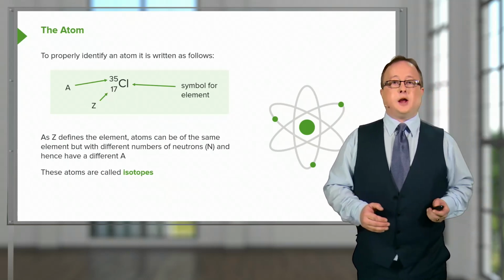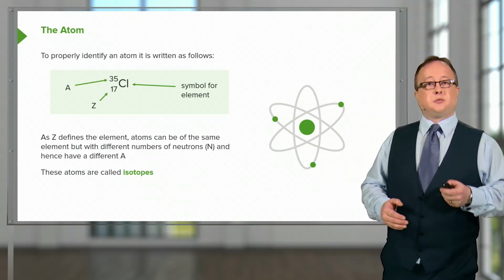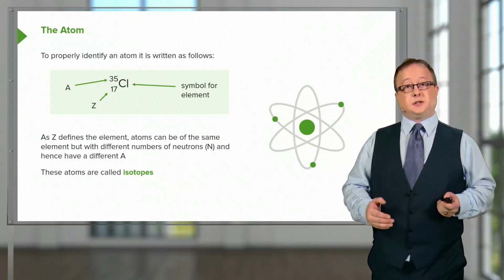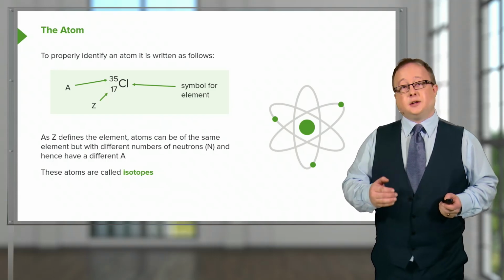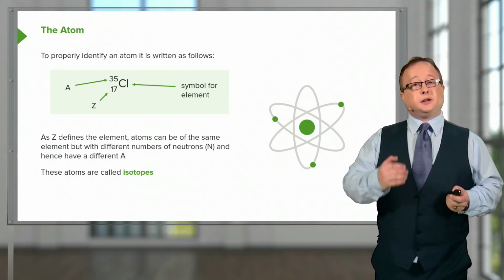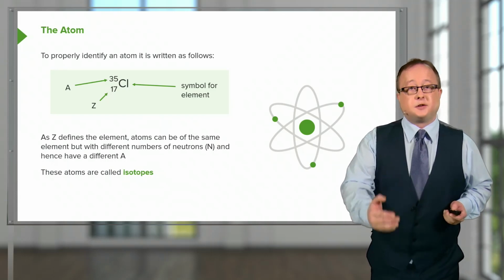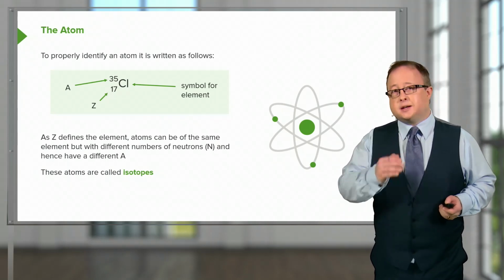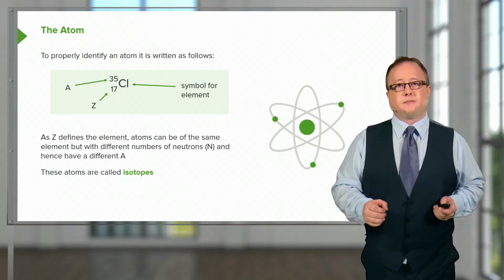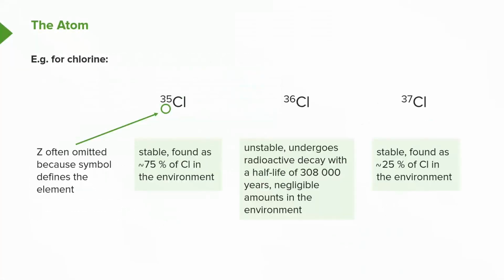Now, I've shown chlorine here for good reason, because it is one of those elements which exists as two stable isotopes within the periodic table. This is isotopes where you have the same chemical activity, because you have the same number of protons and therefore electrons in an atom, but a different number of neutrons. And as you can see here, I'm showing you 3 different isotopes, of which one is actually unstable.